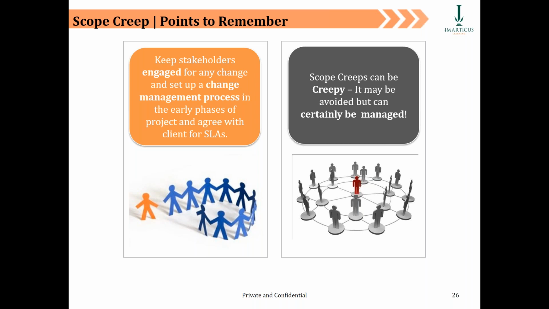So my first question to you will be: did you stay engaged with the stakeholders right from the beginning, so that you can take a categorical check on any add-on requirement which is coming in which is not linked to your current scope? And second, did you introduce them to the change management process right in the beginning?